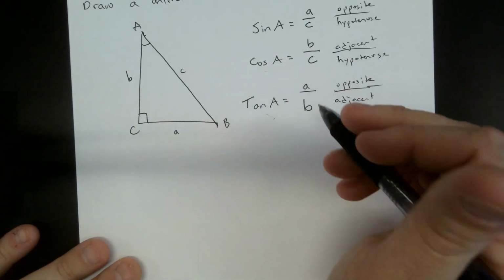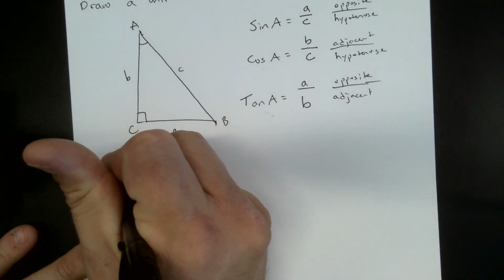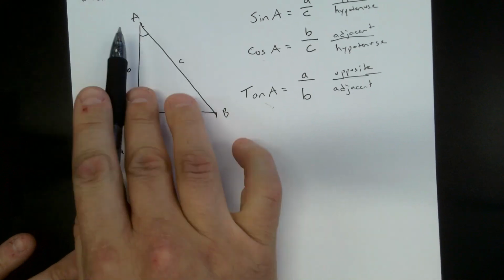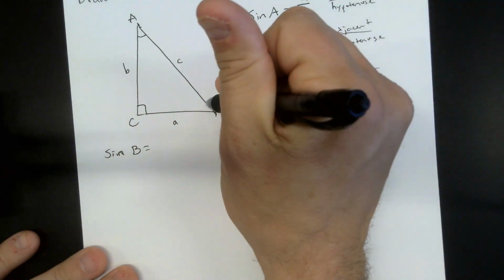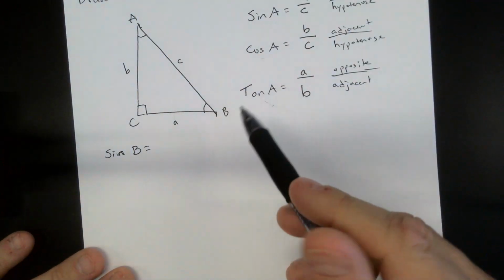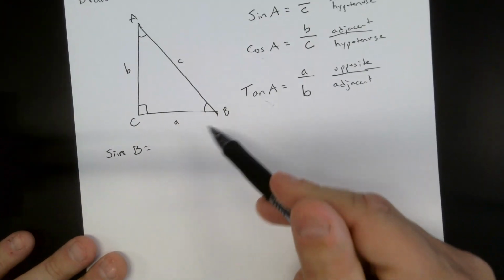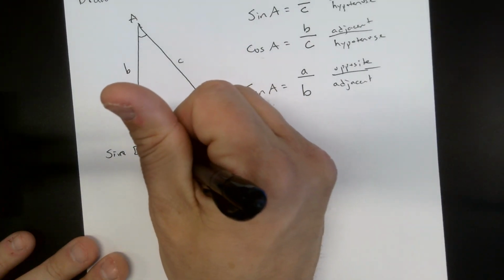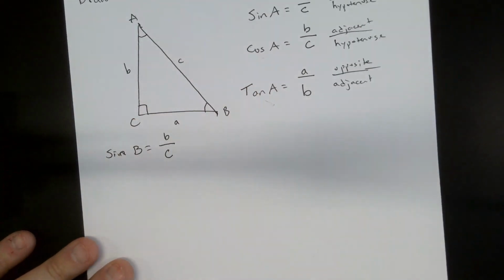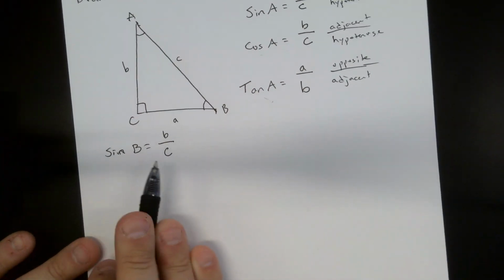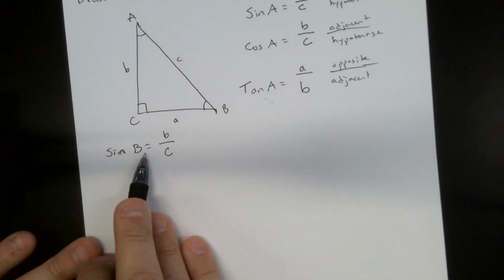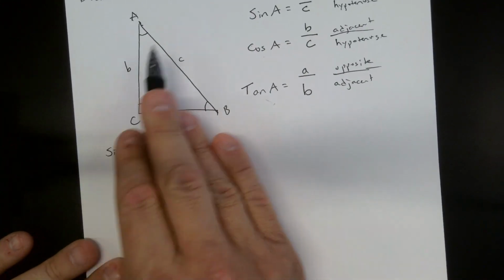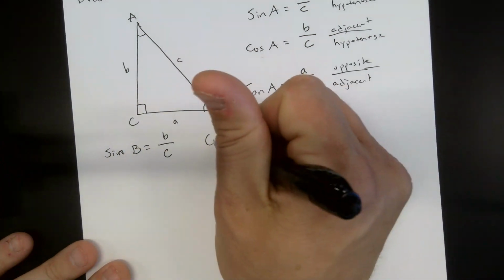If we look at B, sine of angle B. Now instead of looking at angle A, we're dealing with angle B. Which side is opposite of angle B? Little b. B over C, because it's opposite over hypotenuse. The side opposite of angle B is over here, over hypotenuse.